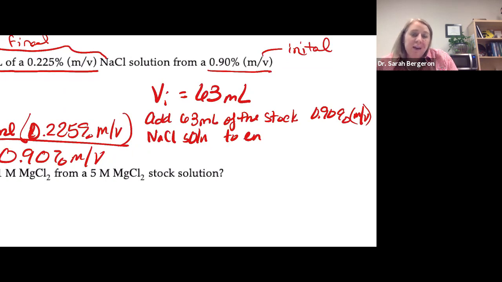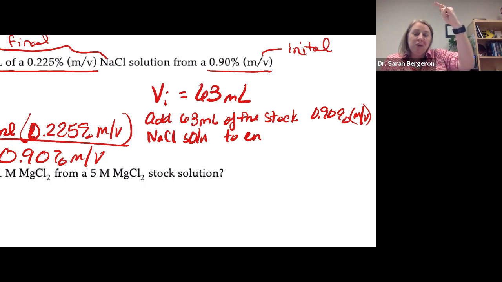If I added 63 milliliters plus 250 milliliters, I would be over and my concentration would be wrong. So what I need to do is get a graduated cylinder out, and I'm going to first pour 63 milliliters into it. Then I'm going to add enough water to bring it up to 250 milliliters.